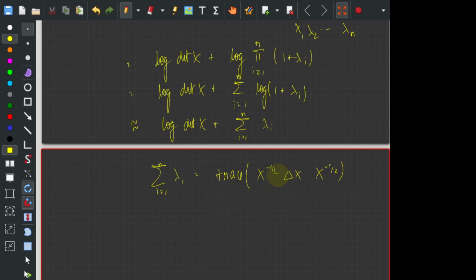But what is the trace of A times B? It is the trace of B times A. Agree? So this is equal to the trace of x to the minus half times x to the minus half times delta x, or the trace of x inverse times delta x.